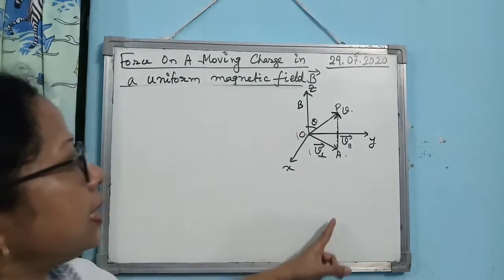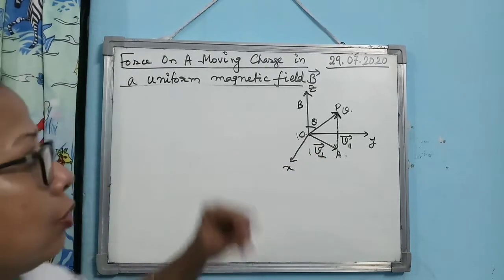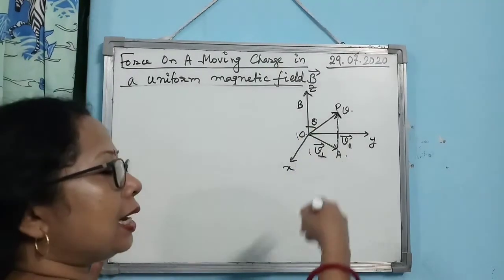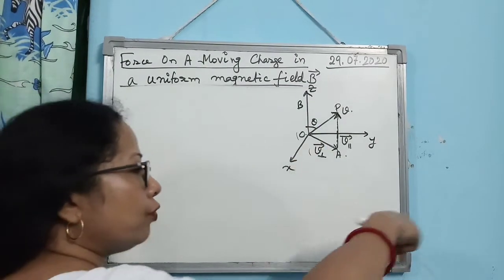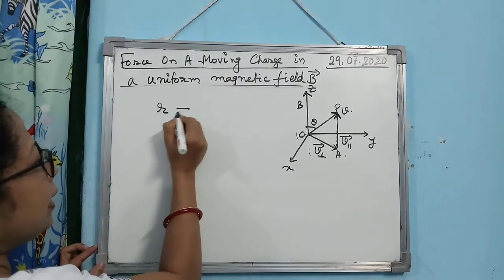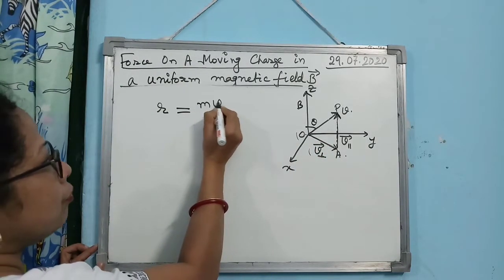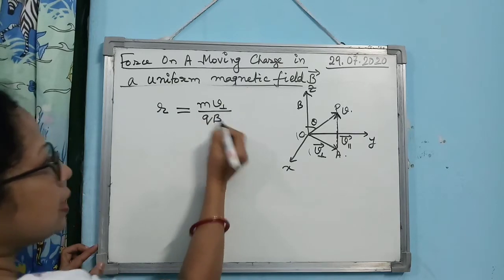Now for the perpendicular component of V, what will happen? The charged particle will move over a circular path, like this. And what will be the radius of the path? We know mv by qB, but here you have to write m V perpendicular by qB.